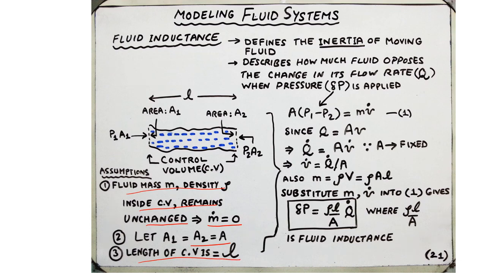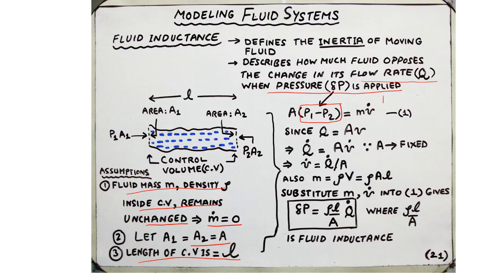Then our job to derive the expression for the fluid inductance is to relate the fluid flow rate, capital Q, when the pressure delta P is applied, where delta P is the difference of P1 and P2, shown here. So the first equation is the force equation.